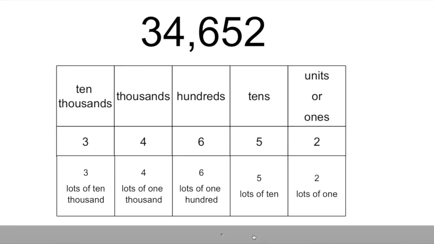For example, we have 3 lots of 10,000, 4 lots of 1,000, 6 lots of 100, 5 lots of 10 and 2 lots of 1. So altogether we have 34,652. And each of these numbers is represented by both their place value and their position value.